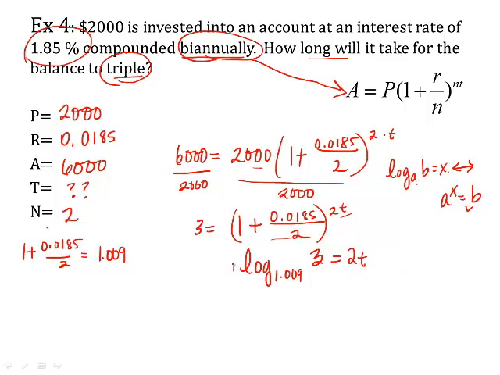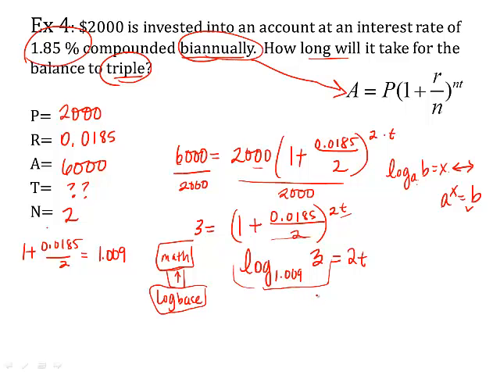Now, I can put all of this in the calculator, okay? You go to the math button, and you go to the up arrow, and then there's a log base function. You can type this in just like this. You'll have to enter the base, and you have to enter the 3, and it will give you the value. Okay?